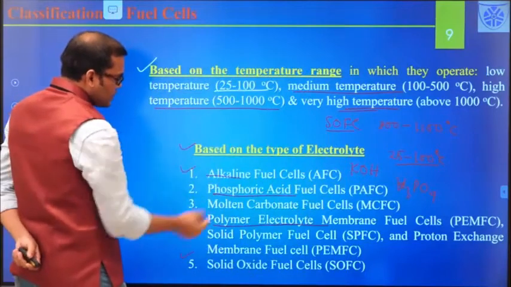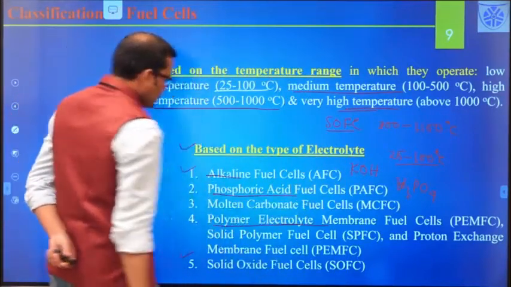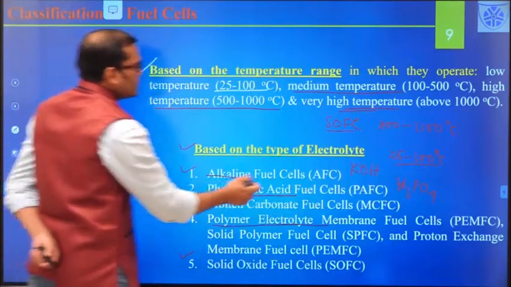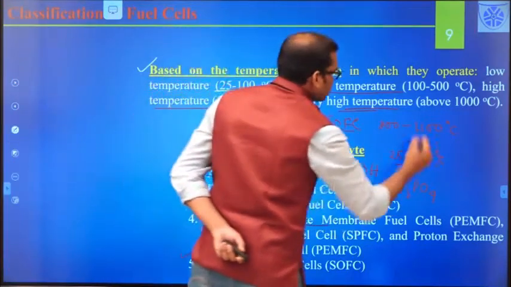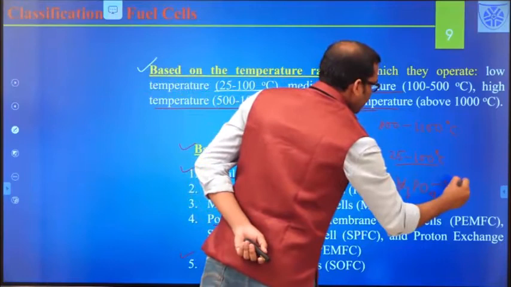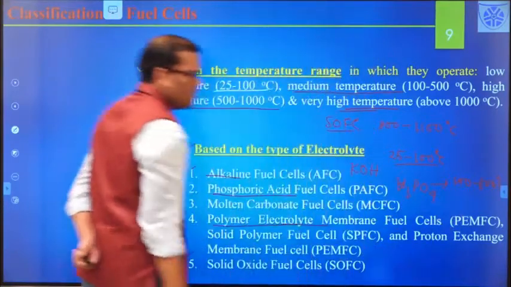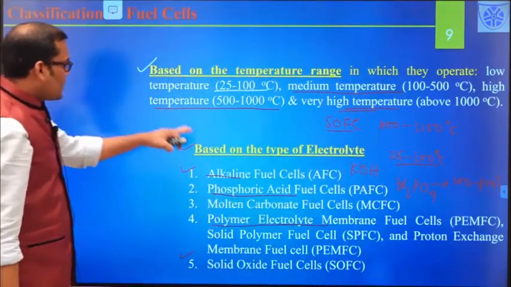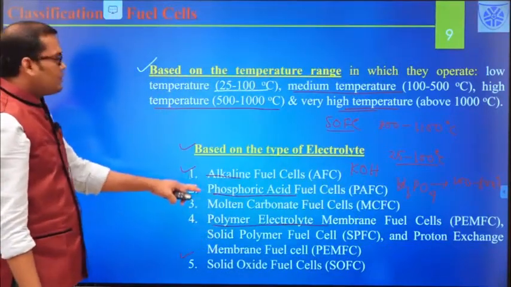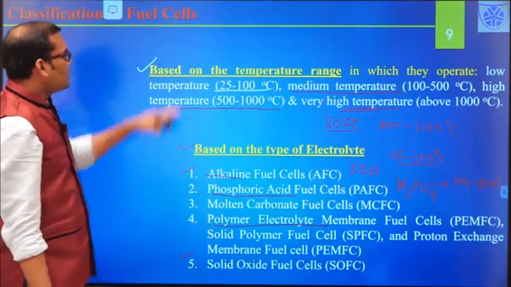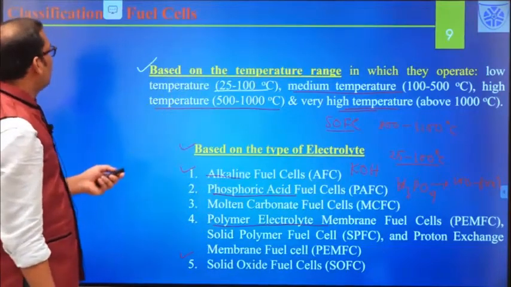And the medium temperature range, molten carbonate or phosphoric acid fuel cells, work between 100 and 500 degrees Celsius, right? So these are the different types of electrolyte you can use. Based on that you can classify the fuel cells, and you can correlate with the temperature range.